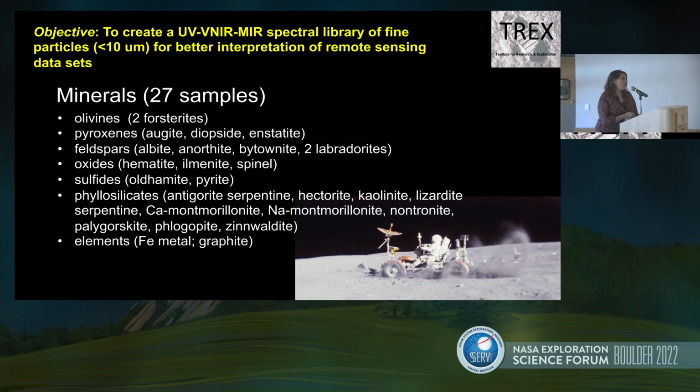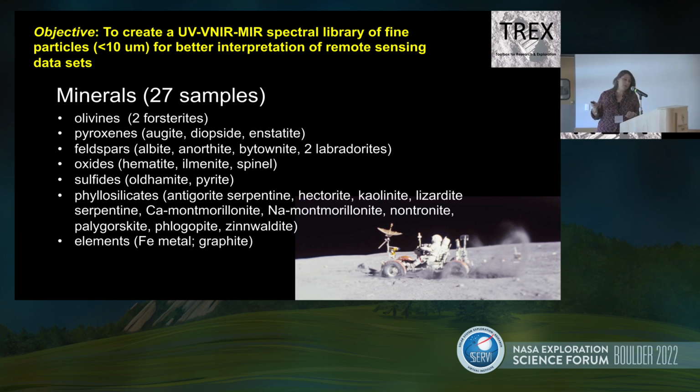And we really wanted to focus on sub 10 micron particulates so that we could establish a spectral library that could be used for the analysis of data sets from a bunch of different missions. So we started with a set of 27 mineral samples, and they're all listed there with the bullets, and we have multiples of the samples that are shown there.